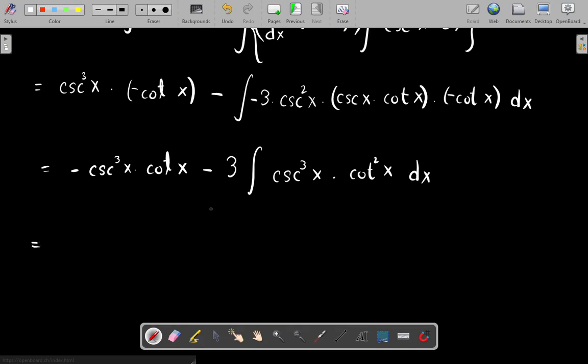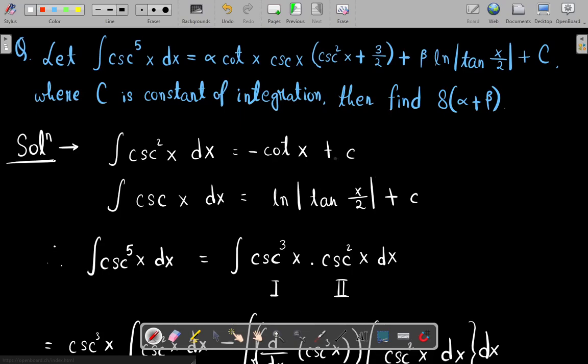Since the integration of cot square x is not known, the other formula we know is cosec square x minus cot square x is equal to 1. So we can substitute cot square x, which is nothing but cosec square x minus 1.